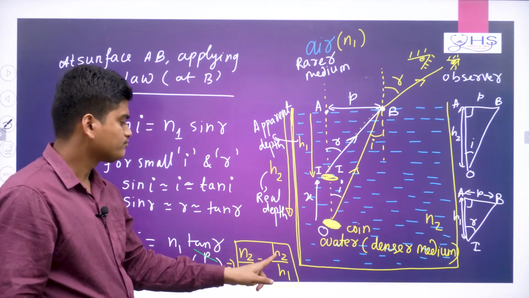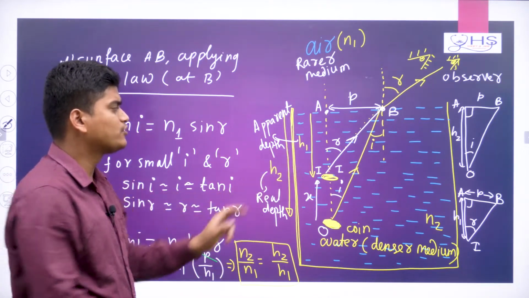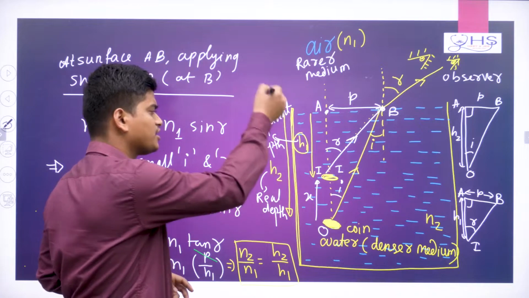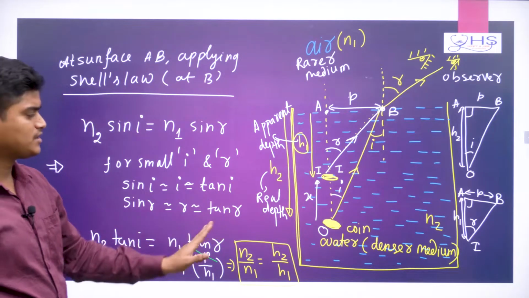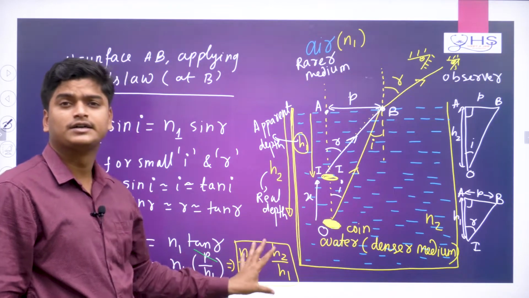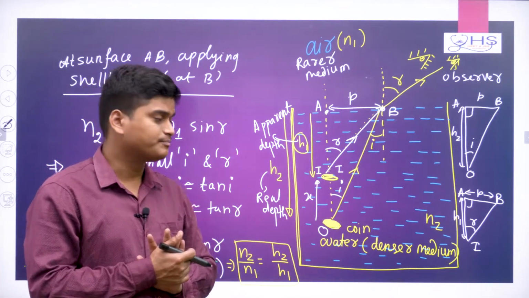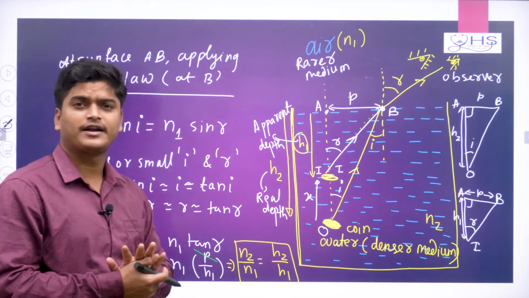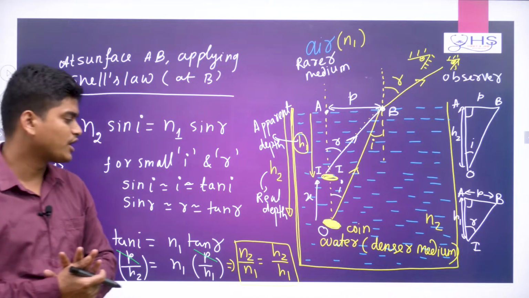H2 is the real depth, and H1 is the apparent depth. So this is the relation coming. In the next page I will rearrange this formula a little and get a relation between real depth and apparent depth. We will remember that, and based on this we will solve some MCQ type questions.